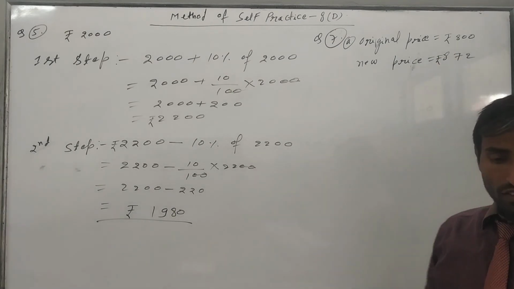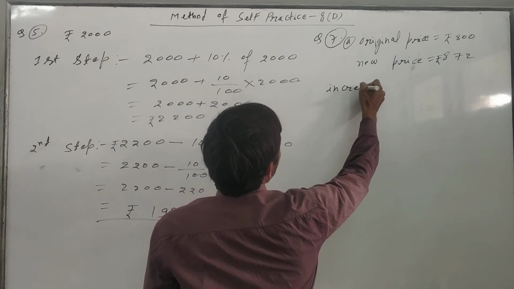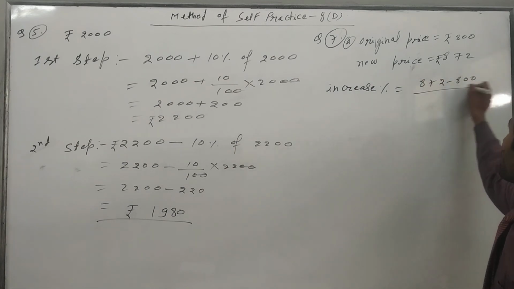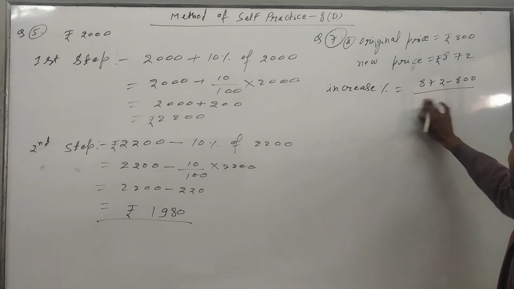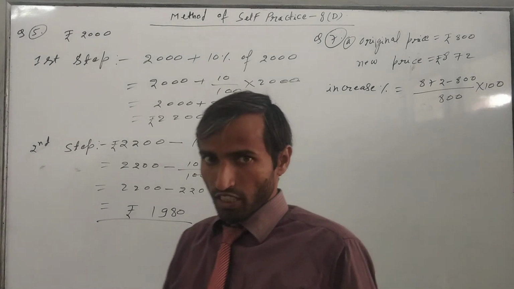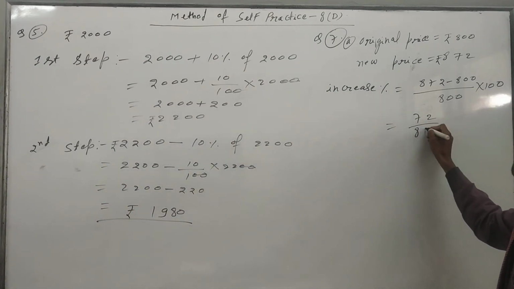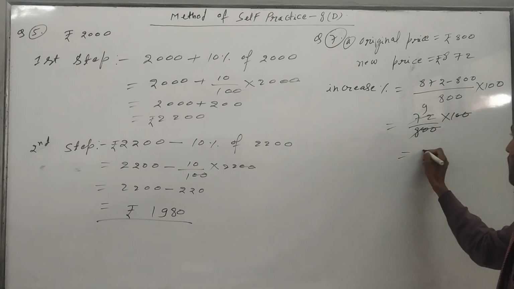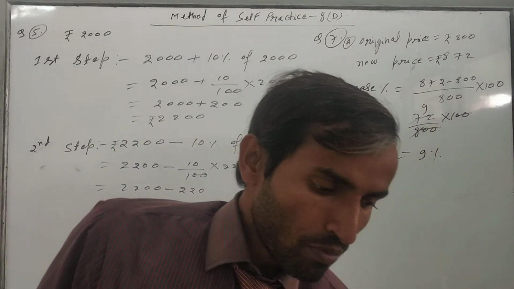Now we have to find the increase percentage. So increase percentage is equal to 872 minus 800, that means new minus original, upon 800 into 100, because we always find percentage with respect to the original one. So it will come 72 upon 800 into 100. The 0s cancel out and 8 9s are 72. So it will come 9%. So the price increased 9%. Now B part, just try yourself.